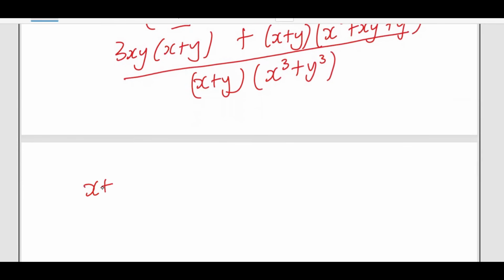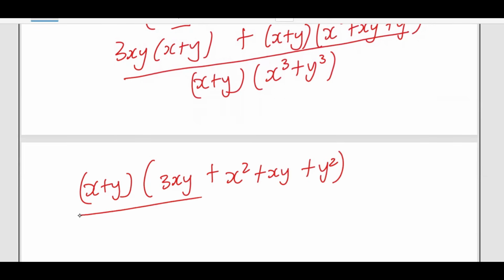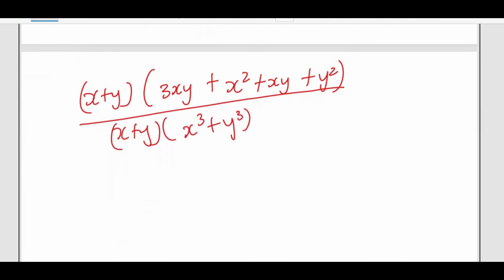So x plus y is out. I'll be left with the 3xy plus x squared minus xy plus y squared. Dividing this by x plus y into x cubed plus y cubed. Is this taking me somewhere? So I can cancel this out.